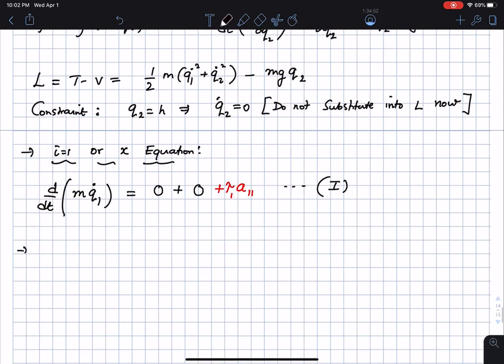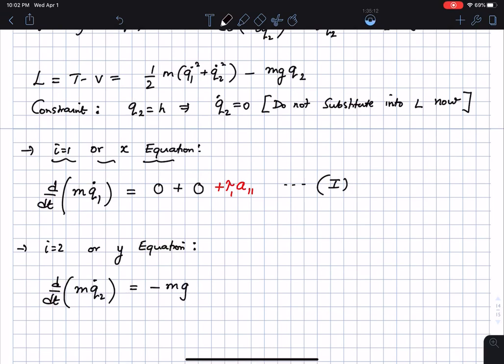Then I see i is equal to 2, or the y equation: d by dt of m times q2 dot, because there is a term containing q2 here, equals dL by dq2, which is actually minus m g plus 0, plus lambda 1 a12, as I've done in the previous step.